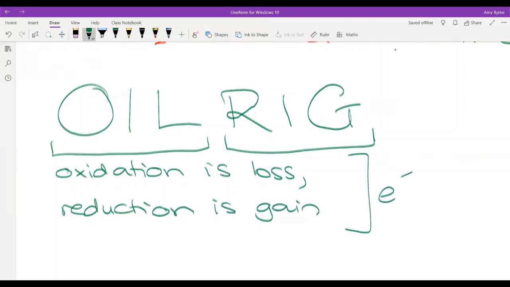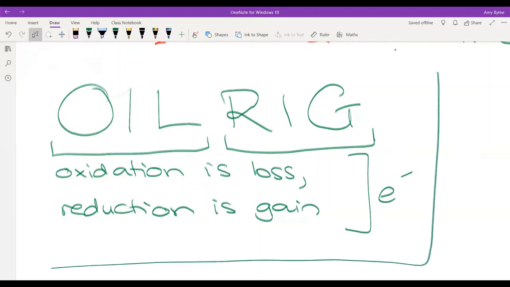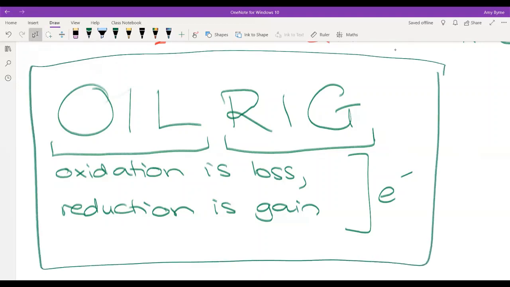This is talking about electrons. It isn't talking about the hydrogen and oxygen. Oxidation is loss of electrons. Reduction is gain of electrons. And that ties into what we're going to look at later about electrochemical cells. But this is our key takeaway point for this video, that oxidation is the loss of electrons and reduction is the gain of electrons.